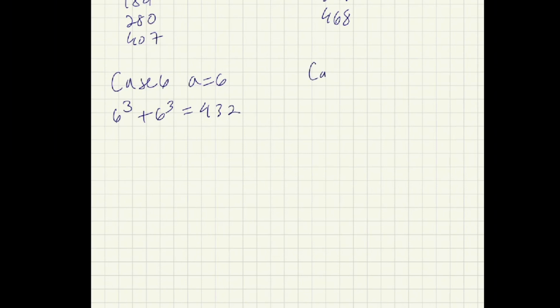Now we check case 7, where a equals 7. We get 7 cubed plus 7 cubed, which is 686, and that exceeds 500. So we stop here.